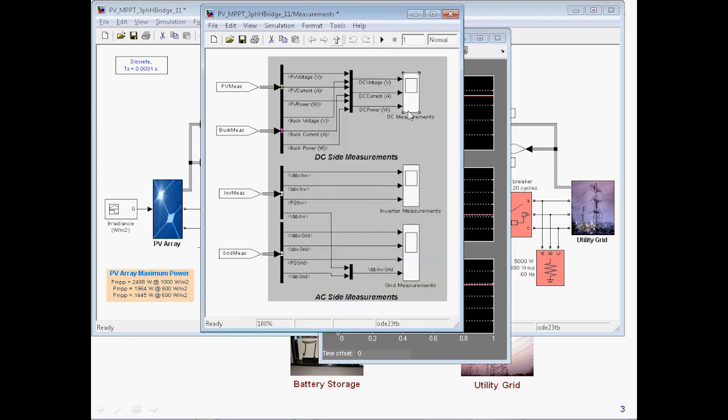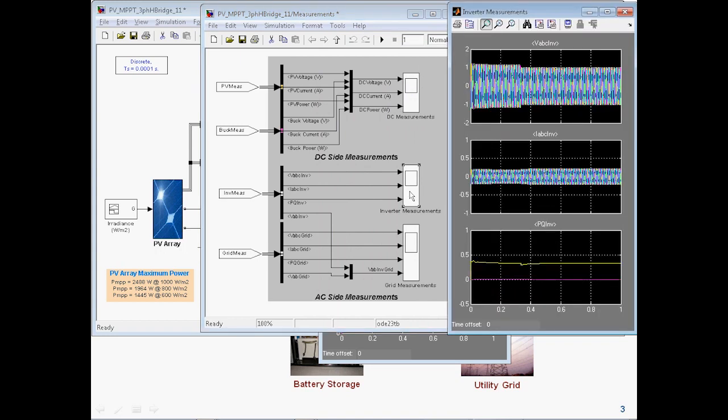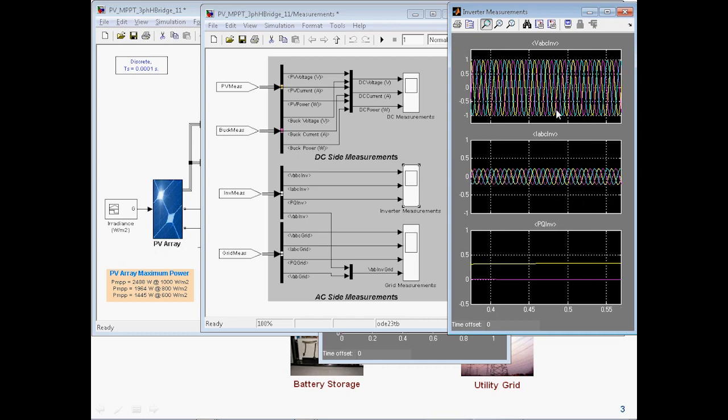If I take a look at the AC side, this is first the output of the inverter. So as you can see, it's producing three-phase AC. Actually, I can zoom in a little bit so we can take a look at this. So there's your three-phase AC voltage and your three-phase AC current. And this is the power output of the inverter. The yellow line represents the active power out of the inverter, and the magenta line represents the reactive power out of the inverter.